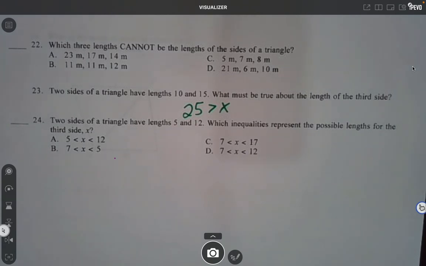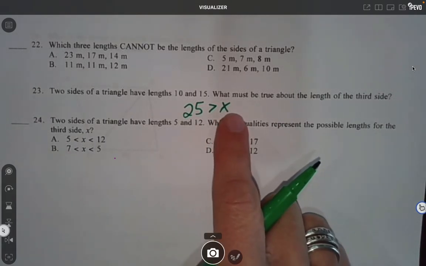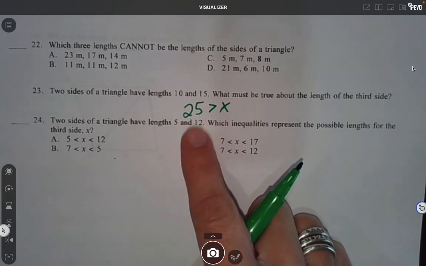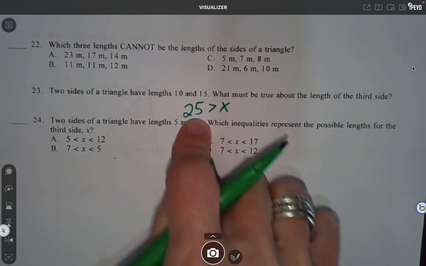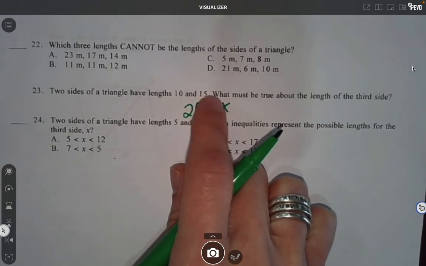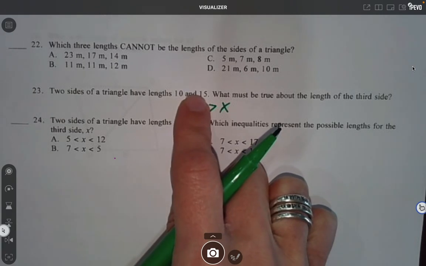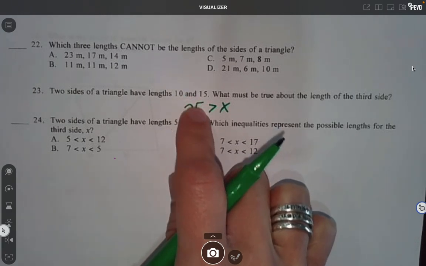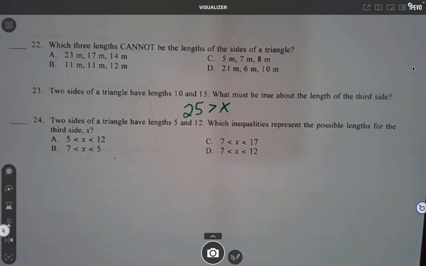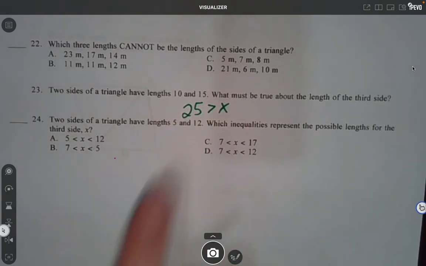That's all you need to know. It's not asking for the range. You don't have to find the smallest and the biggest. It's just saying the length of the third side is going to be less than what? 25. Because remember, the two smaller sides have to add up and be bigger than the other side. So that means that side must be less than 25.